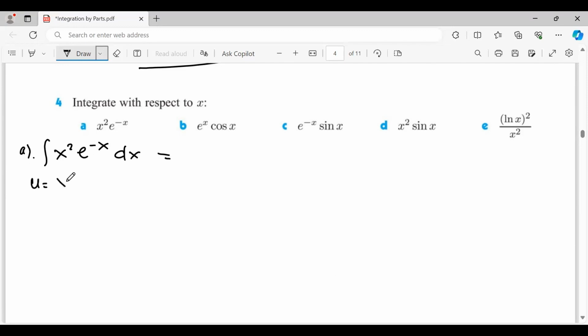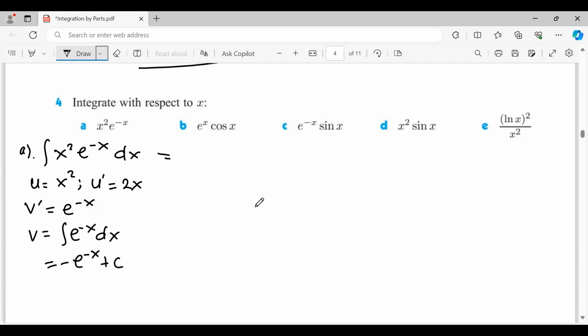Let u equals x squared, so derivative u equals 2x. Derivative v equals e power negative x, so v is the integral of e power minus x dx, which is minus e power minus x plus c.